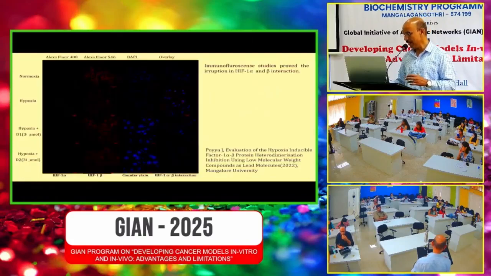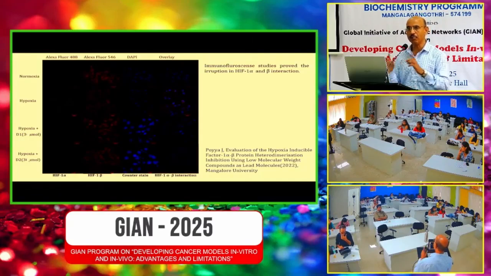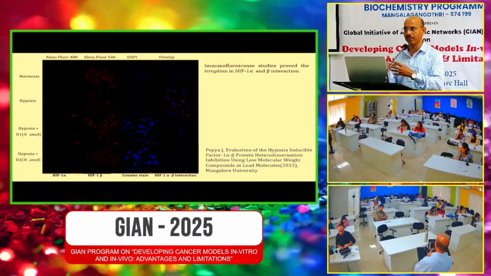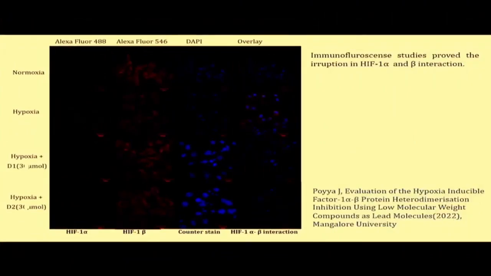Then we also did the immunofluorescence study. It looks blank, but on my computer it is showing; it is not a good picture. Here also, the immunofluorescence study showed that whenever the drugs D1 and D2 are present, they prevent the interaction of HIF1 alpha and HIF1 beta.